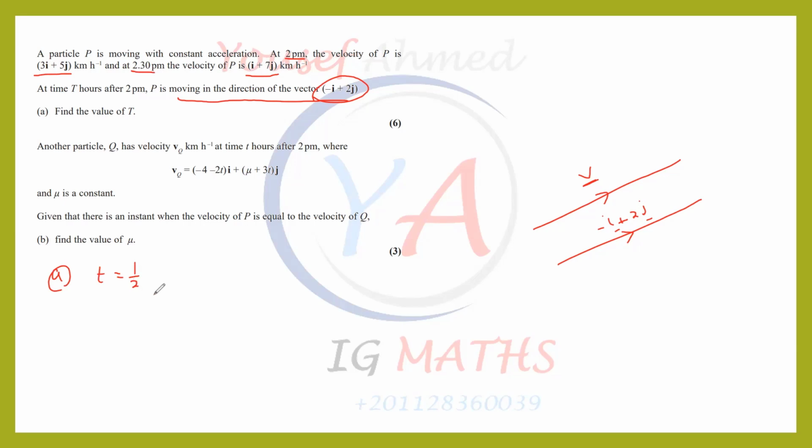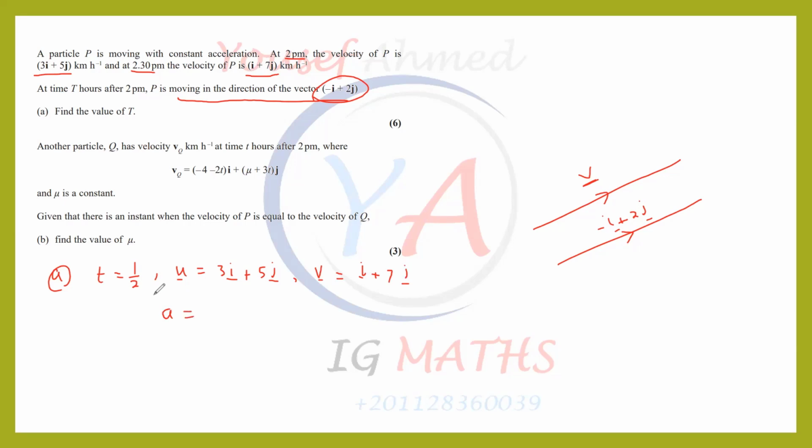You have u, the initial velocity, equal to 3i plus 5j, and v, the final velocity, equal to i plus 7j. Once you have these given, you can work on the acceleration.